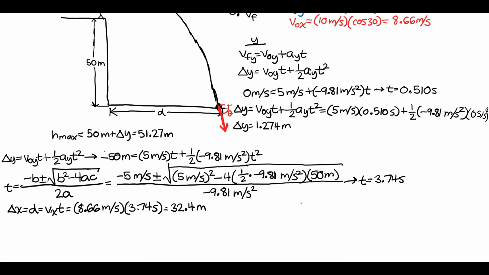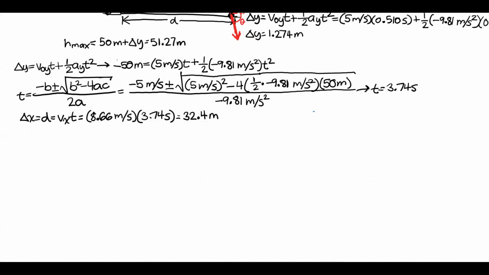So for part C, let's use equation number 1. So it's vFy = v naught y + ay t. So v naught y was 5 meters per second, plus negative 9.81 meters per second squared times our time, 3.74 seconds.